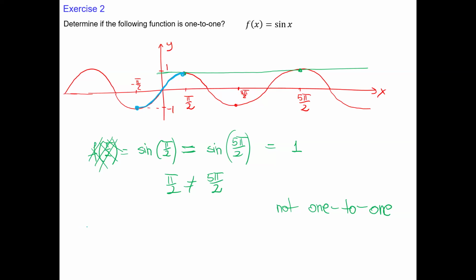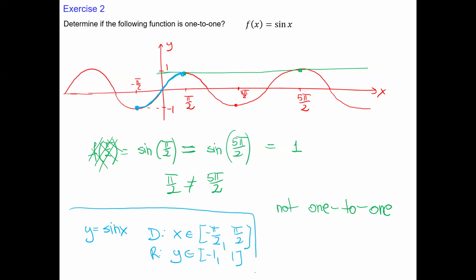We take the function sine of x, but the domain is between negative pi over 2 and positive pi over 2. The range is still the same, from negative 1 to 1. And this part is one-to-one.